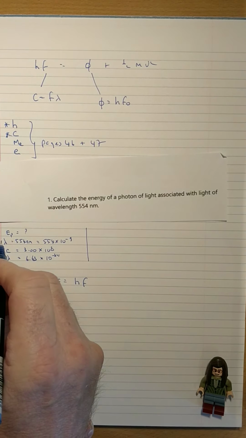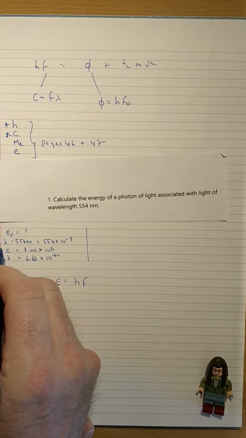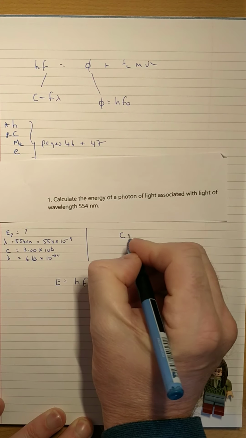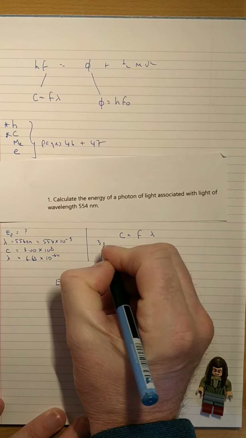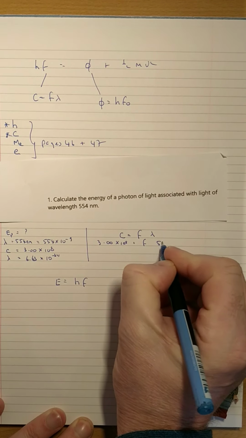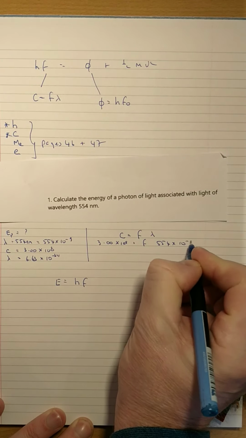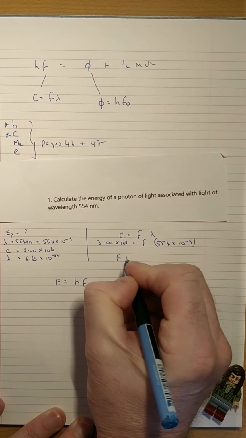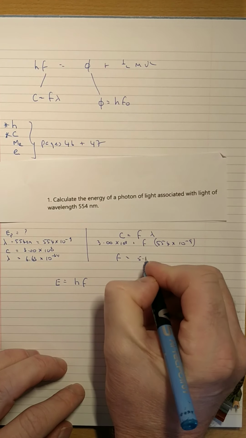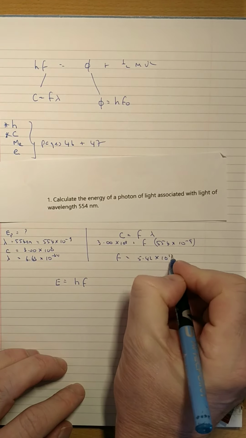We know from the previous lesson that if we have wavelength, we can get frequency. So basically we just use this extra little formula: 3.00 by 10 to the power of 8 equals frequency times the wavelength, 554 by 10 to the minus 9. Rearrange, and we get a frequency of 5.42 by 10 to the power of 15 hertz.